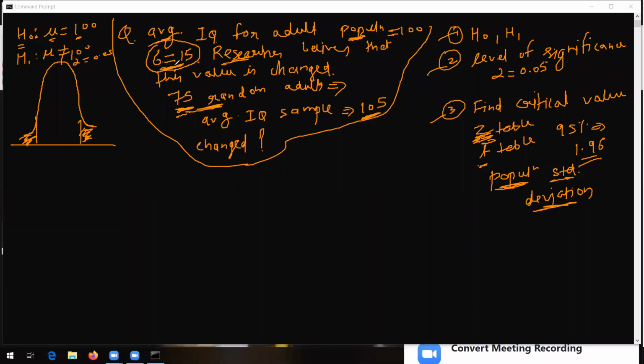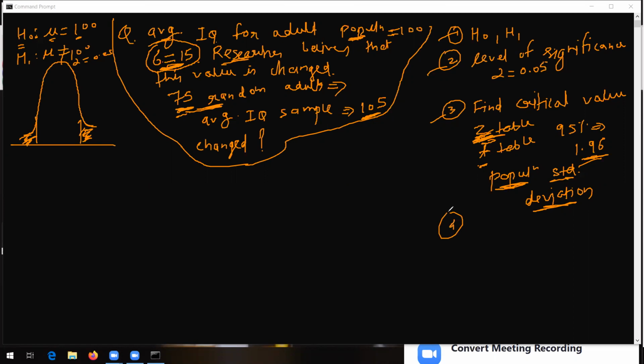The standard deviation of the population is given, that's why I chose the Z table. The same thing happens with the T table also. But if this had not been given to us, then I would have gone for the T table. This is how it works, right? So I hope till this point everyone is clear.